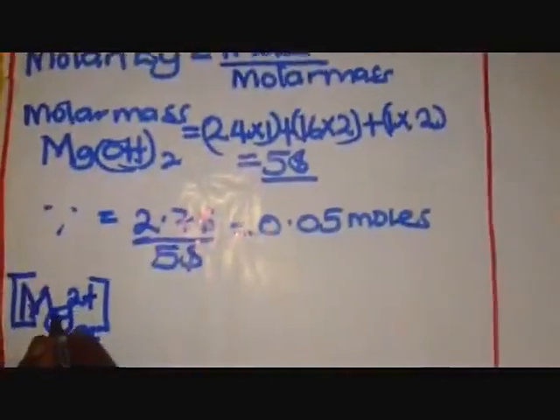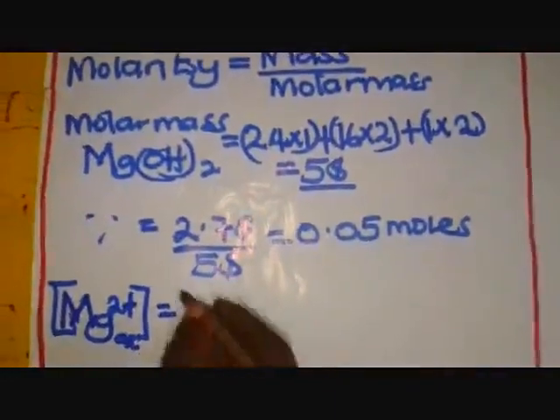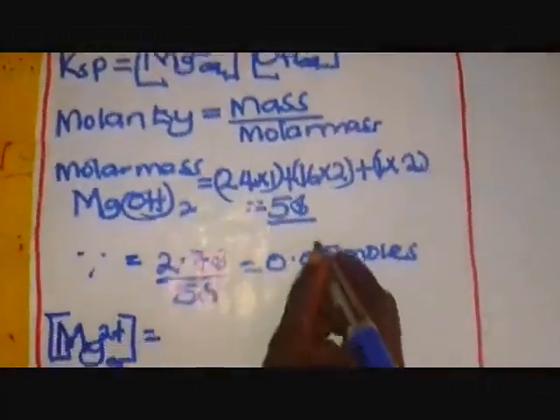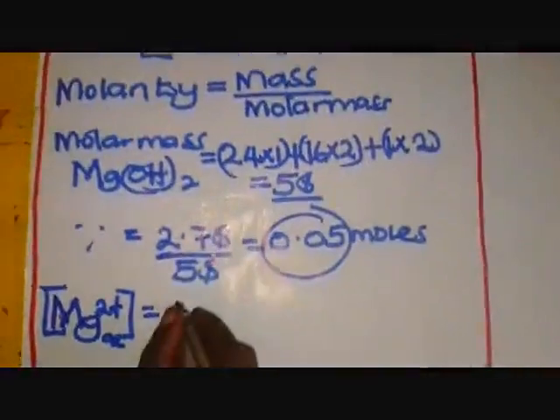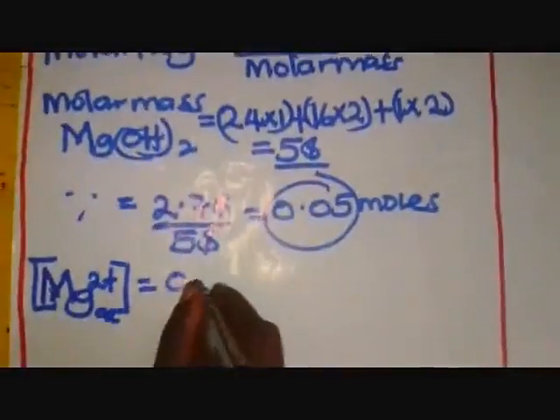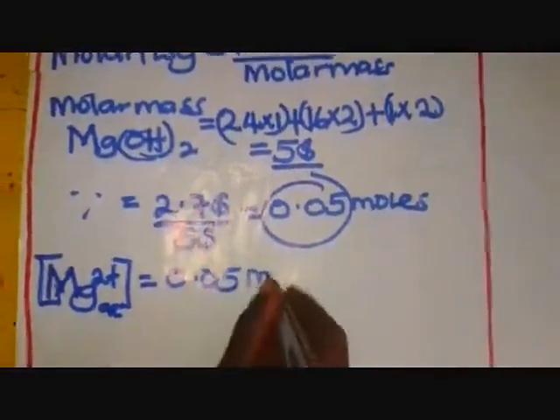Therefore, the concentration of magnesium ions, since 1 mole produces 1 mole, is going to be equivalent to the concentration of magnesium hydroxide. Remember, it is for magnesium hydroxide. Don't forget that. So the magnesium ion concentration will be 0.05 moles.